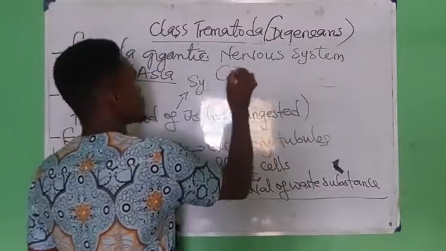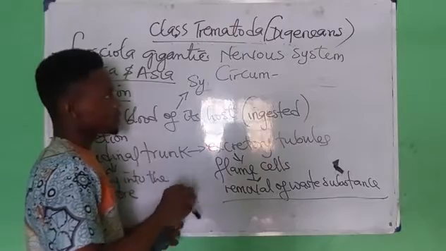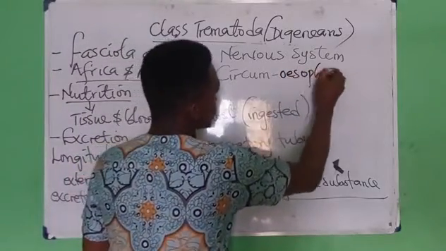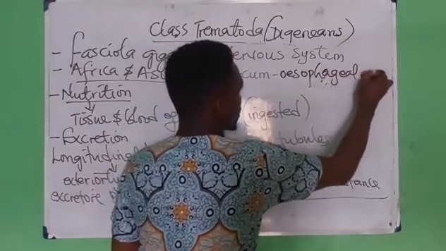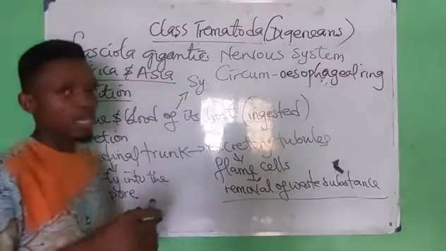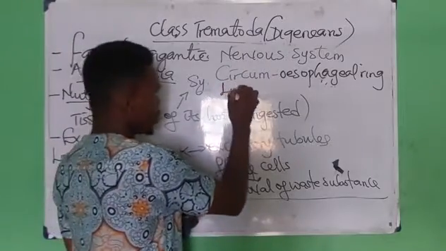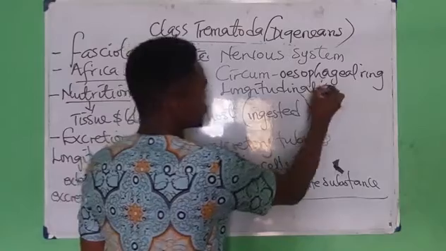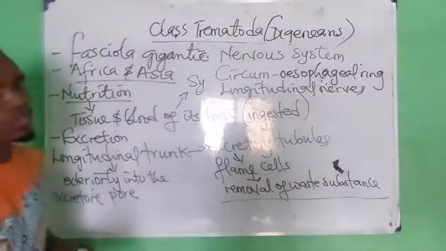Now, based on the nervous system, please take note that the nervous system of these organisms is made up of what is called the oesophageal ring. Alright? And this oesophageal ring comprises longitudinal nerves. Of course, you know the function of the nervous system.